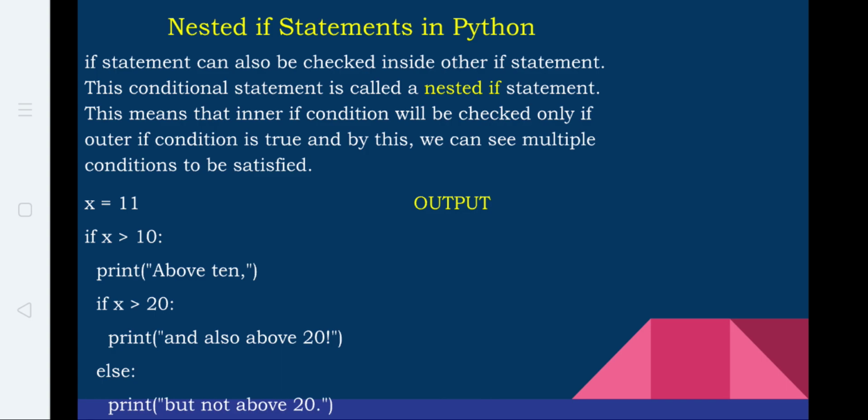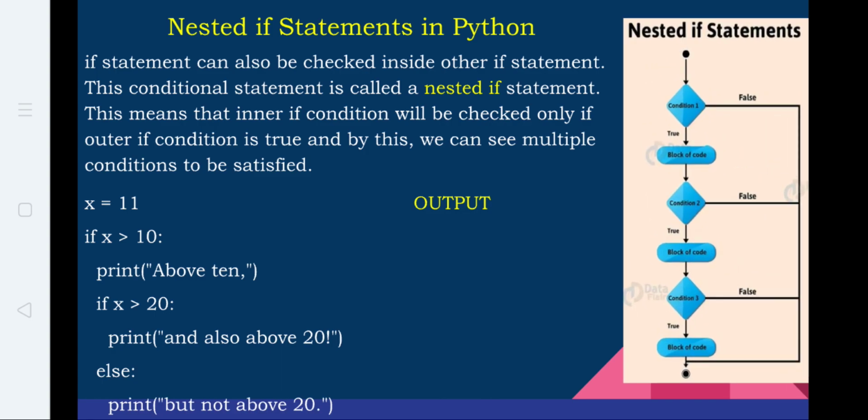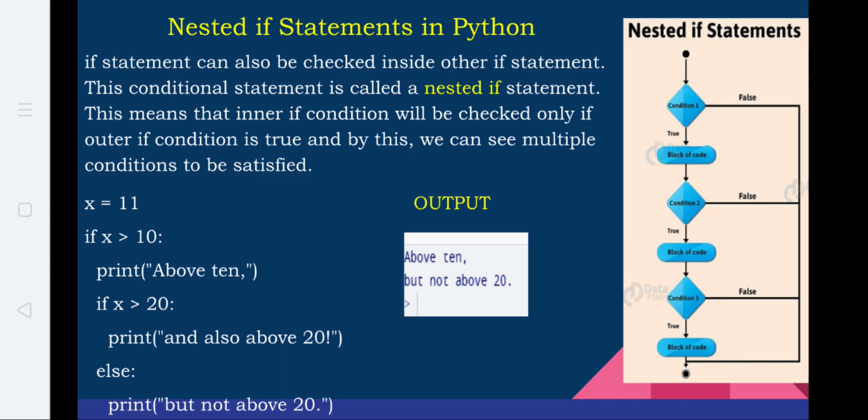So the second if is not executed because the condition is false. 11 is less than 20, so this condition becomes false. So it goes to the else statement and prints but not above 20. So the output of this program will be: above 10 but not above 20. That means the first if is true, the next if is not true, and accordingly the statements are executed.